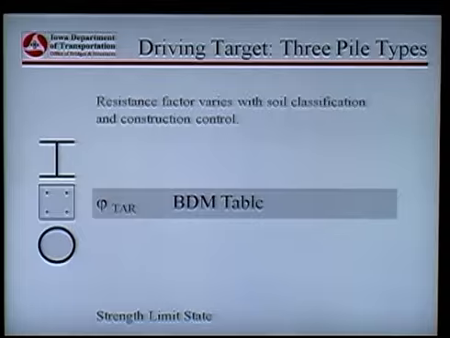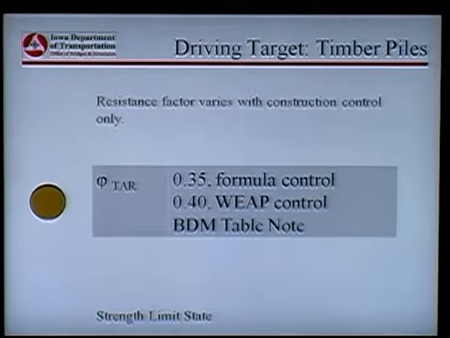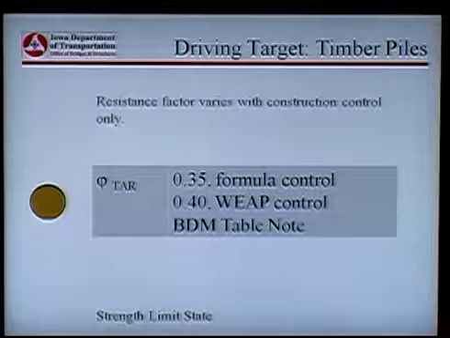For the driving target, again, there will be a table in the bridge design manual, similar to the tables that have been used to date. Just point out again that we have a relatively low target value for timber piles for driving purposes.